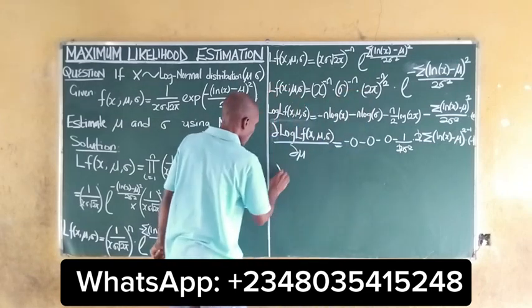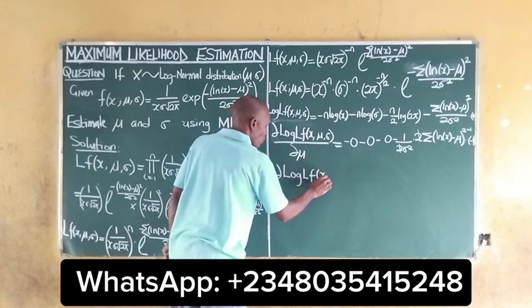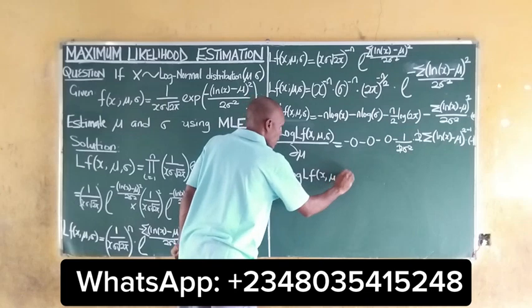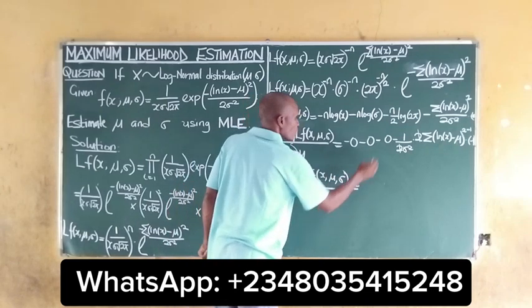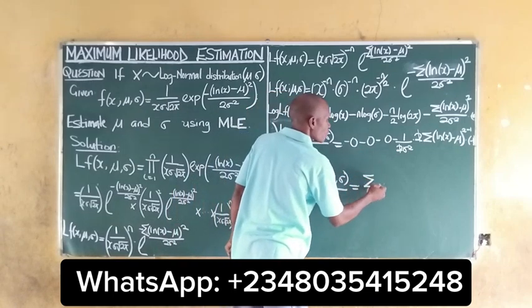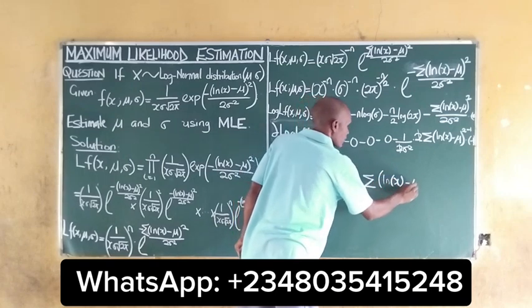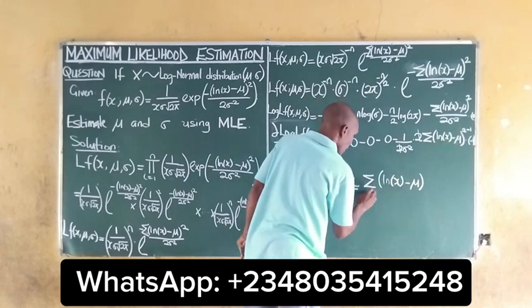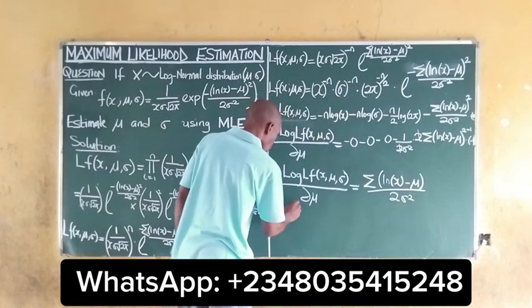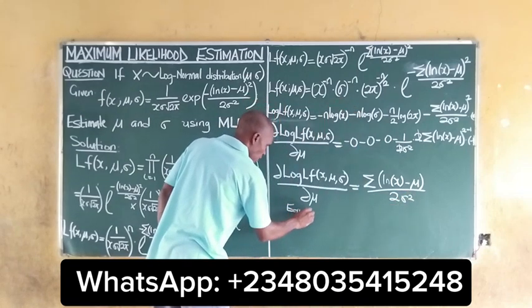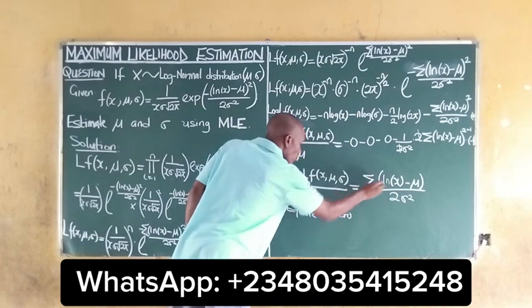So we have as our differential of the log likelihood function of x, mean, sigma with respect to mu equal to the summation of ln x minus mu, all over 2 sigma squared. The next thing to do is to equate to 0. To find the maximum, we equate the whole of this to 0.